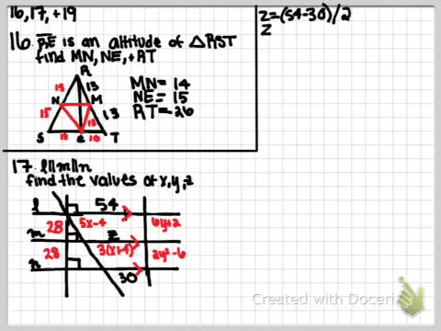So Z equals 24 divided by 2, and so that equals 12. Then we have to add that 30 in there. So 30. And then for Z, we get 42.